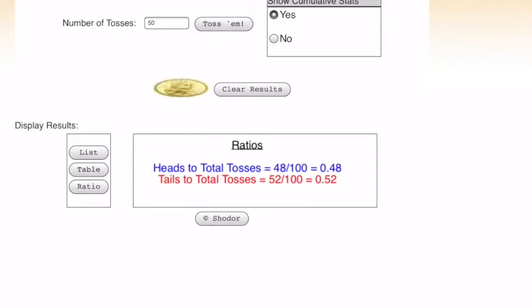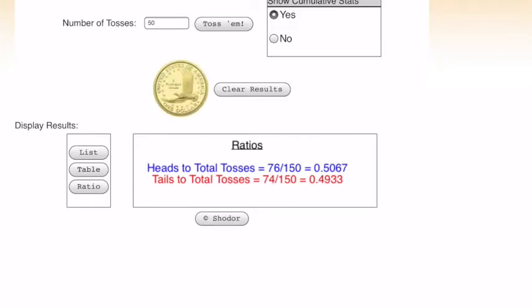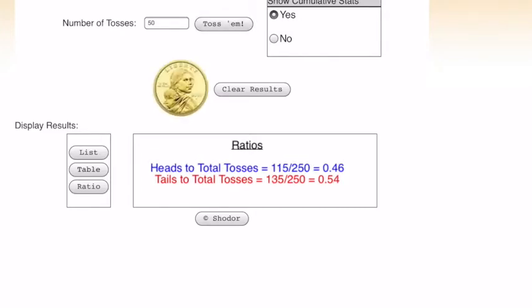And if I toss them again, the number of heads is 0.5067, which is about 50.7%. If I toss them again, it dropped down to 0.475. Well, that's a big jump. So as the number goes up, we're going to bounce around 50%.